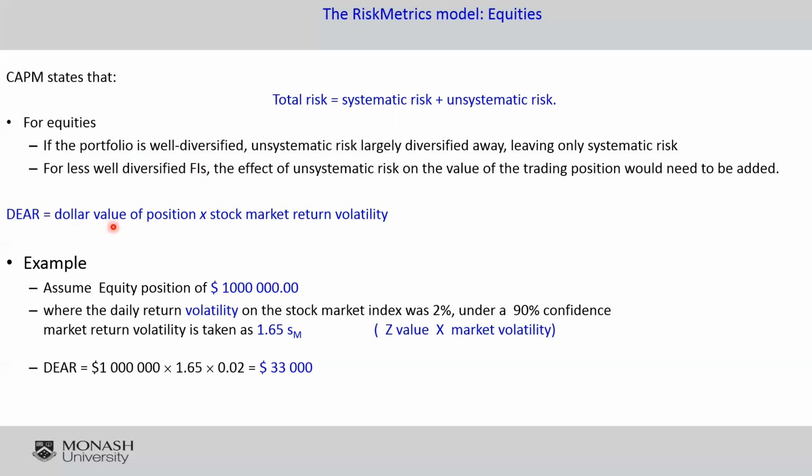So the DIR is the dollar value of a position times the stock market return volatility, and this volatility is coming actually from the volatility of the index. Now, assume the equity position is 1 million, and the daily return volatility on the stock market index is 2% under 90% confidence.